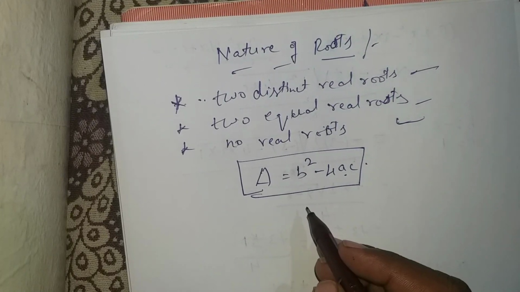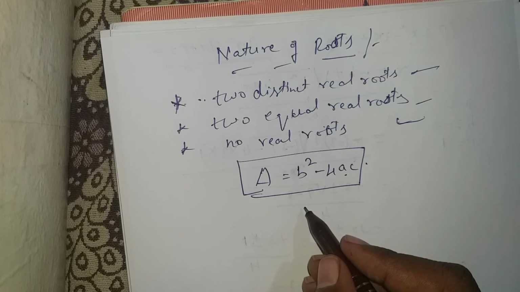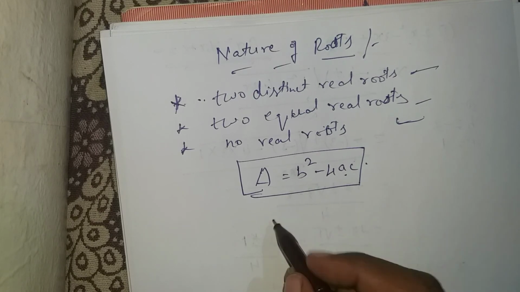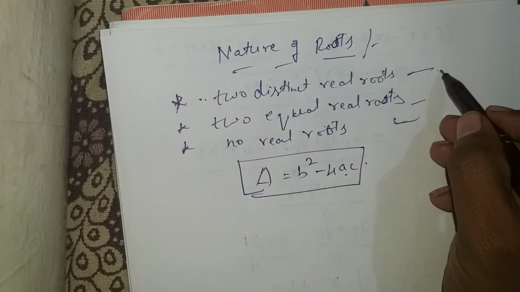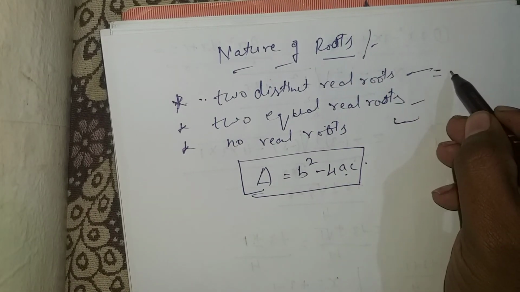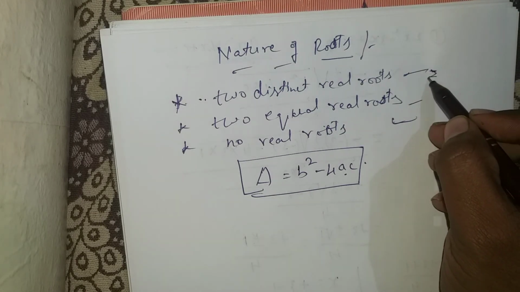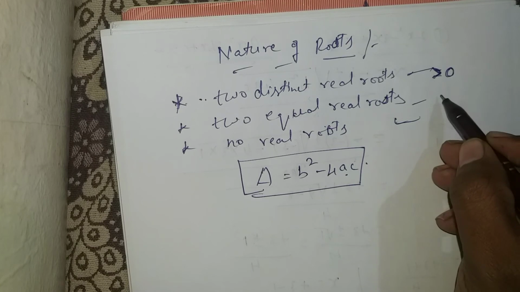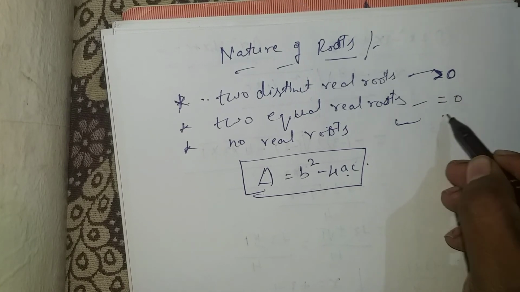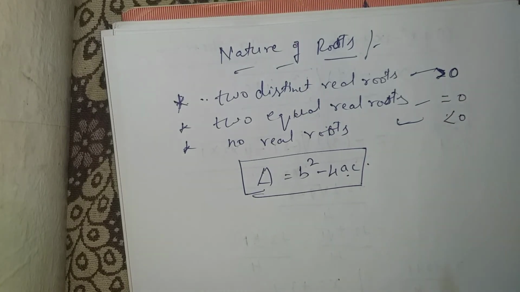Before going to the problem, I need to tell you one thing. 2 distinct real roots when delta is greater than 0. Next, 2 equal real roots when delta is equal to 0, and no real roots when delta is less than 0.